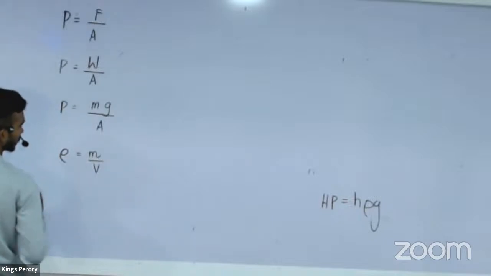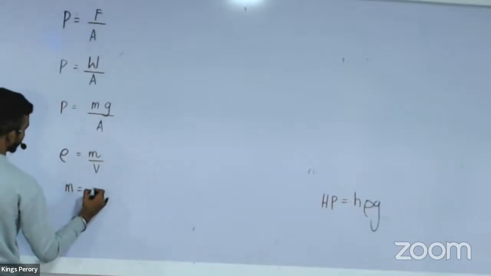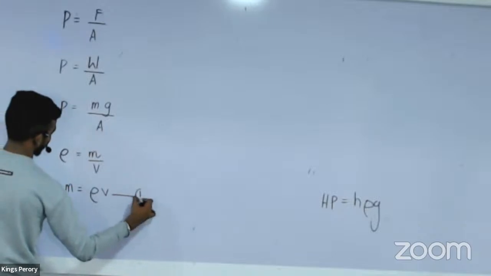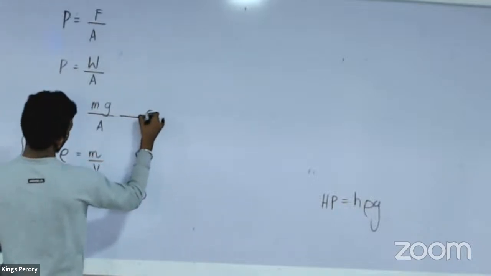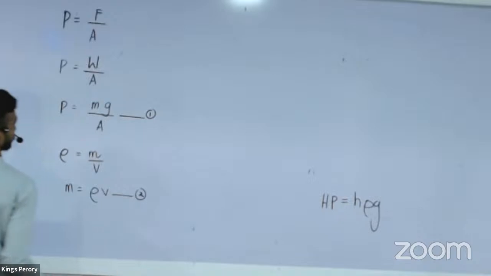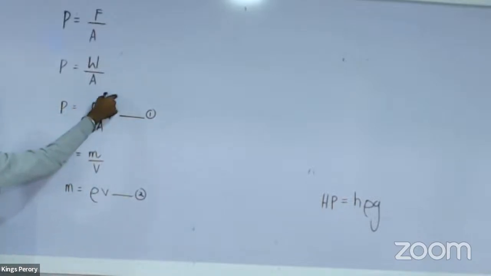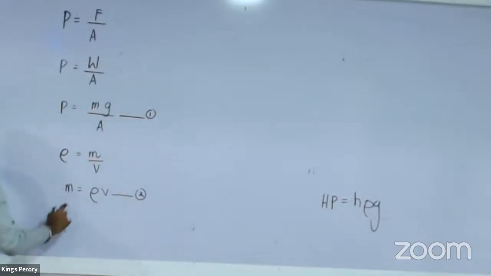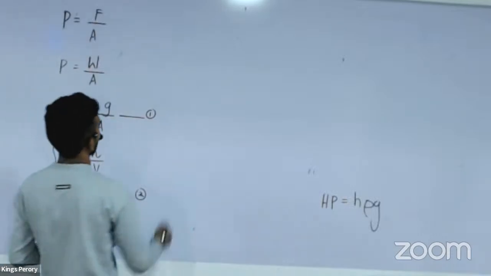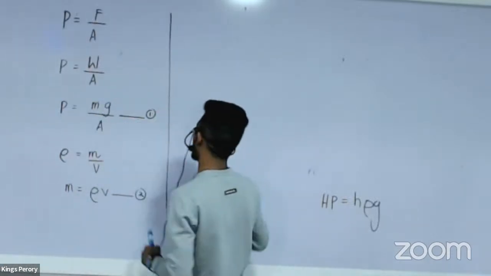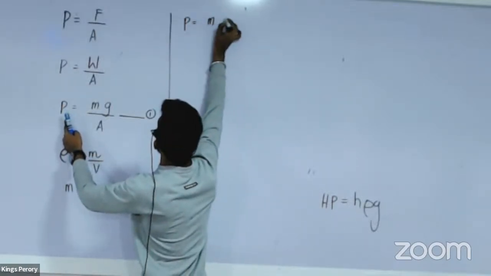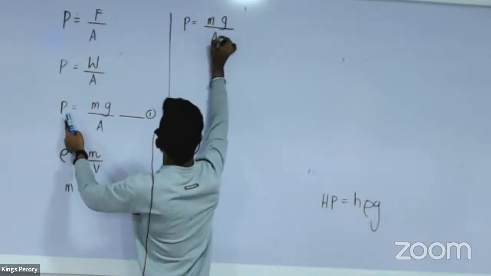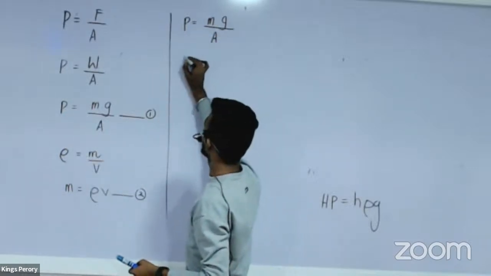From this, if I make mass the subject, mass equals density times volume. Correct? This is my first equation. This is my second equation. Pressure equals mass times gravitational acceleration divided by area. Mass equals density times volume. Connecting both of them, pressure equals mass times gravitational acceleration divided by area.